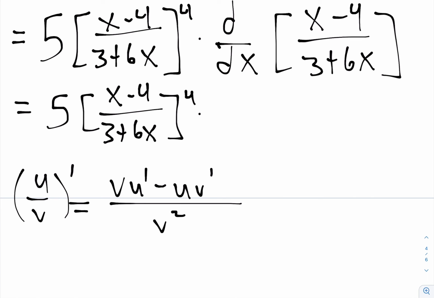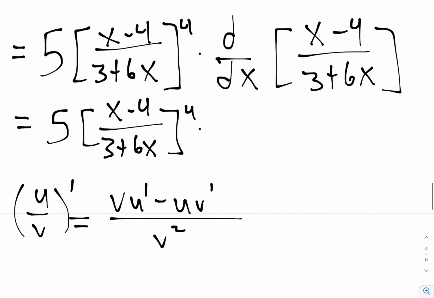So our v times u prime, well, u is just x minus 4. The derivative of that is 1. So v times u prime is just 1 times v, which is 3 plus 6x. Now we're subtracting u times v prime.